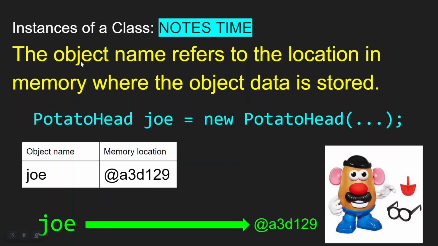So once I do this, the object name refers to the location in memory where the object data is stored. This is super important. You'll really want to commit this to memory: when I say PotatoHead joe = new PotatoHead, and I pass in all of the arguments, as far as your computer is concerned in a physical sense, this memory address right here is where the variable name joe is connected to it. joe is a pointer.